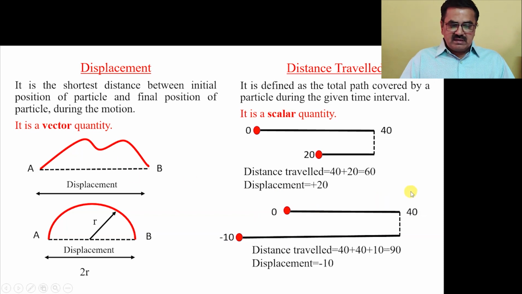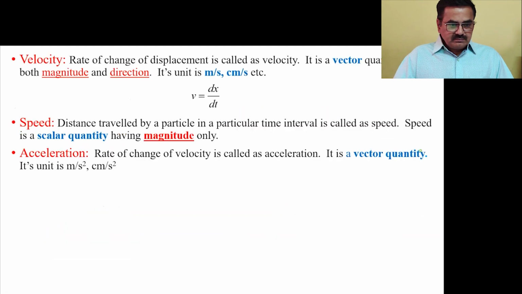So in this way we can differentiate between displacement and distance traveled by the particle. Now velocity. Velocity is one more important quantity in dynamics. Velocity can be defined as the rate of change of displacement, and it is a vector quantity.